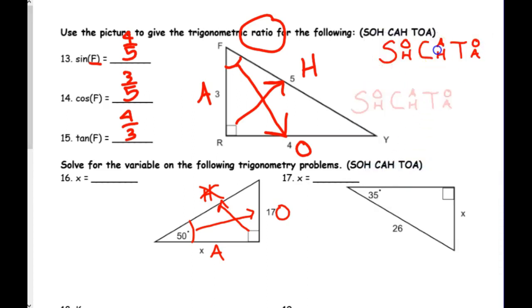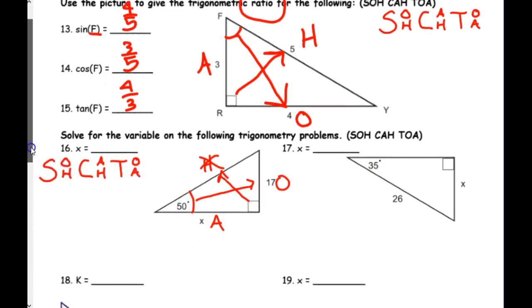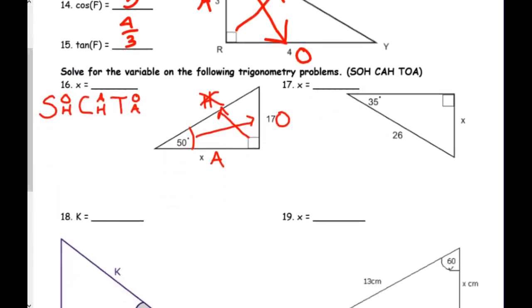Cool. So since we have O and A, we know we're going to use TOA, T for tangent. So let's write that down. Tan, and my theta, my angle is 50, equals, and then TOA, O over A.